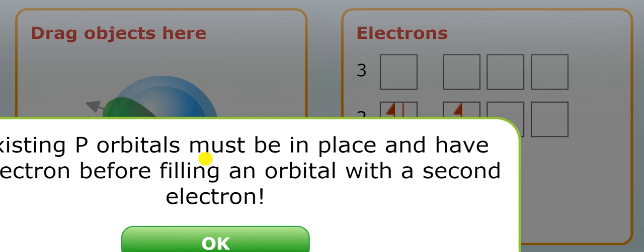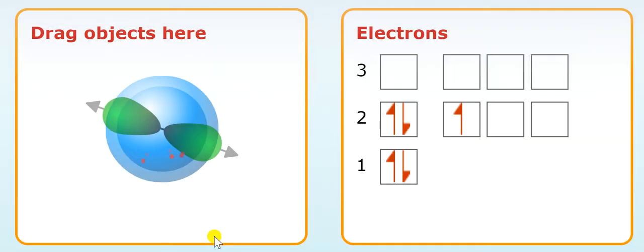Uh-oh, I'm getting an error sign on the screen. And it says all existing p orbitals must be in place and have 1 electron before filling an orbital with a second electron. So me trying to add a second electron to this existing p orbital, this green one, can't happen until I have all of the 2p orbitals in place.